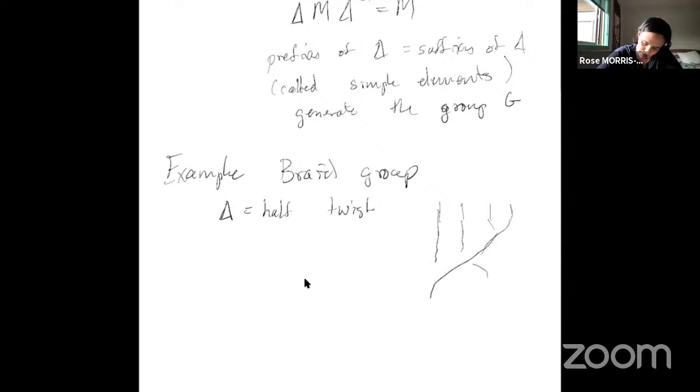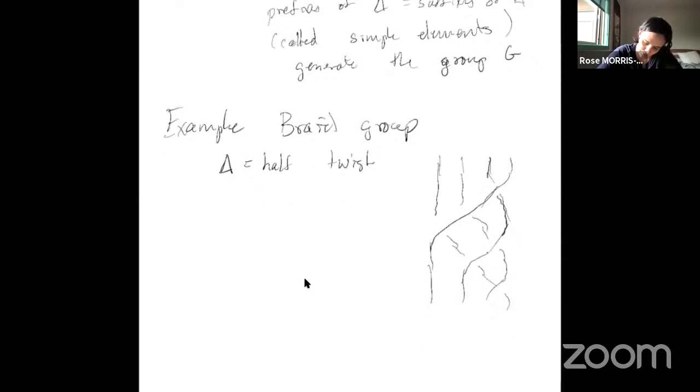I'm not the best braid group element illustrator, but it looks something like this. You can picture in your head that I took my 4 strands and just did this half twist. And this happens to be equal to the least common multiple of the standard generators.